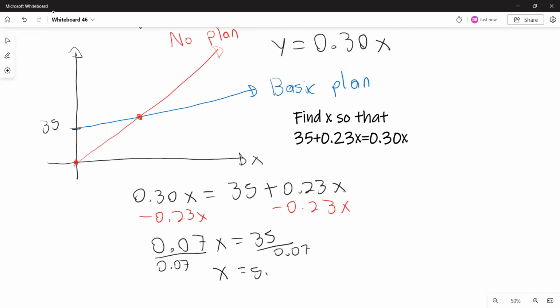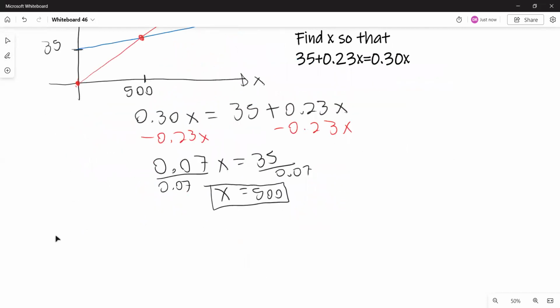And x is 500. So these two are going to be equal when x is equal to 500. And finally, you must purchase at least 500 points. Or you must use at least 500 points.